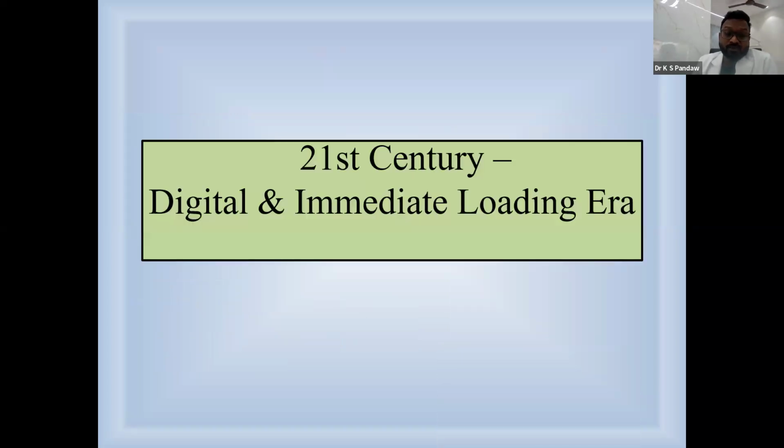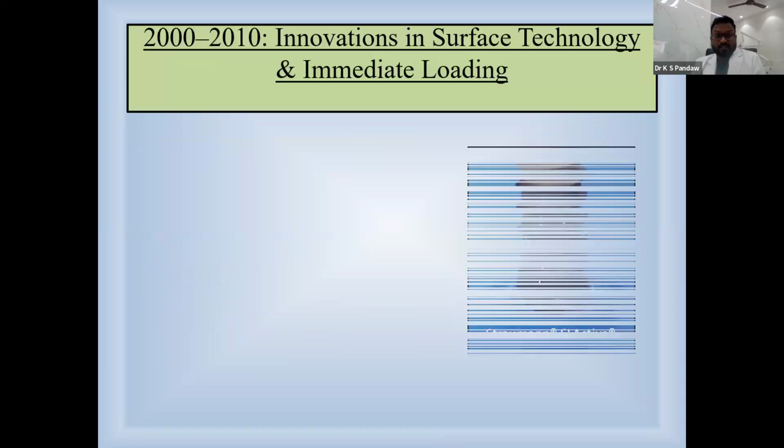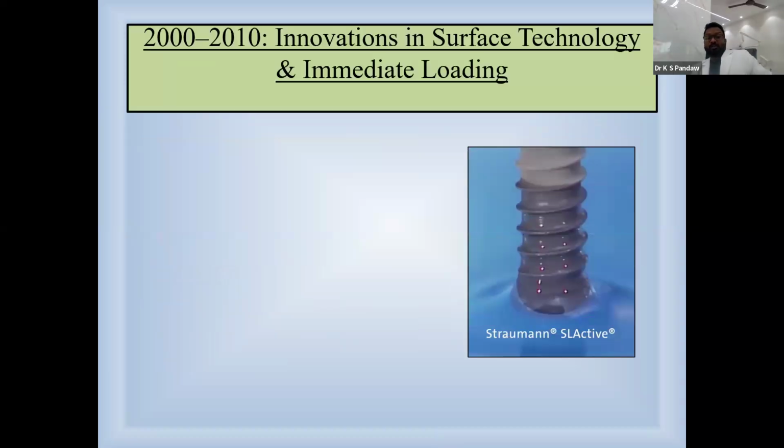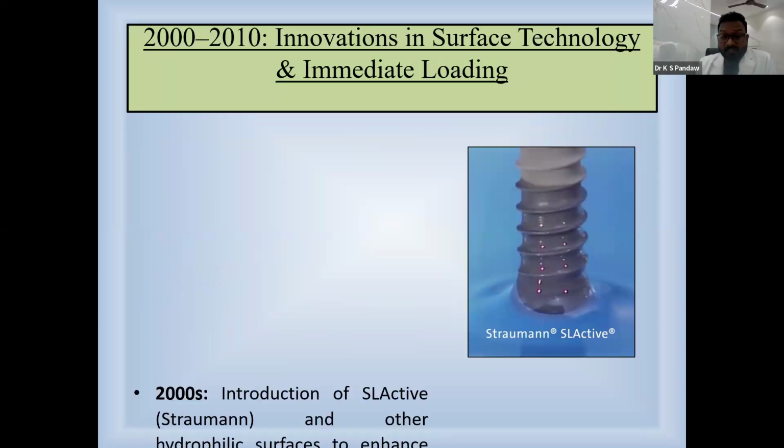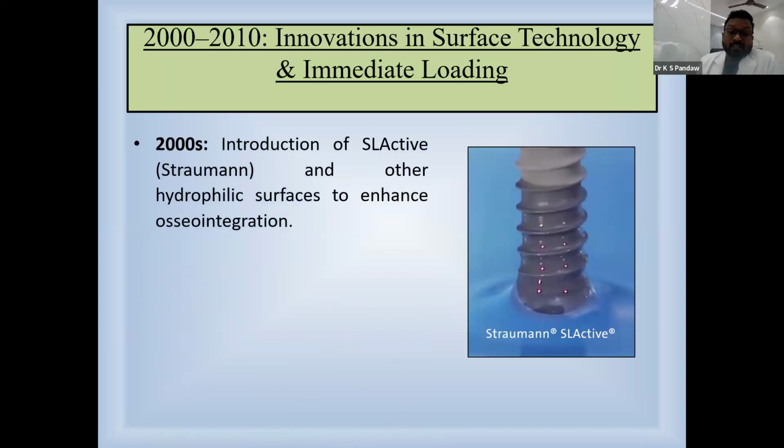Now we are in the 21st century, which is known as the digital and immediate loading era. In this era, we work on the surface characteristics and the design of the implant. Like in 2000, Straumann first introduced the SLA technique. SLA means sandblasted, large-grit, acid-etched technique.